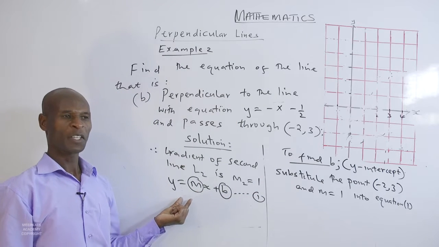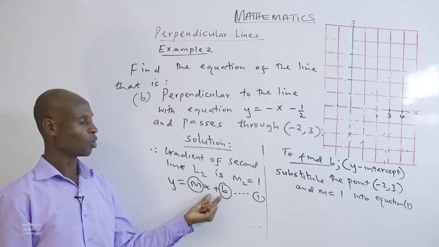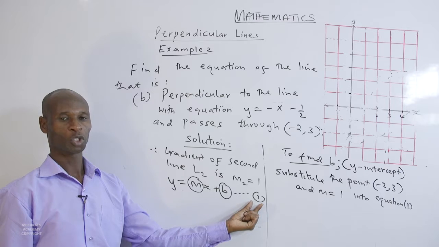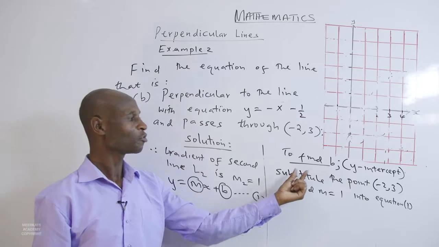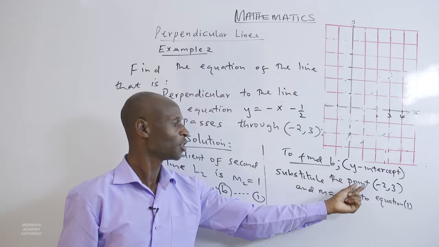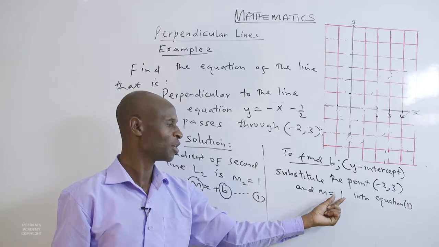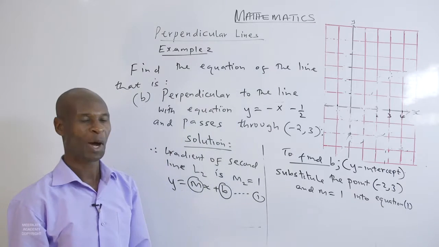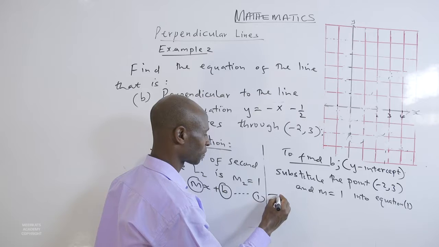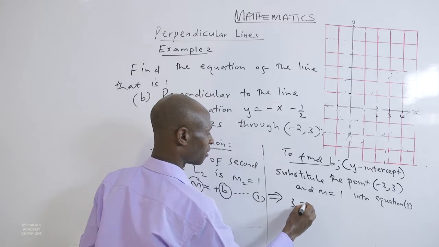So suppose we call this linear relation y is equal to mx plus b, which is our general rule, equation 1. To find b, which is the y-intercept, substitute the point (-2, 3) and the gradient m equal to 1 into equation 1. That is, where there is y, we put 3.